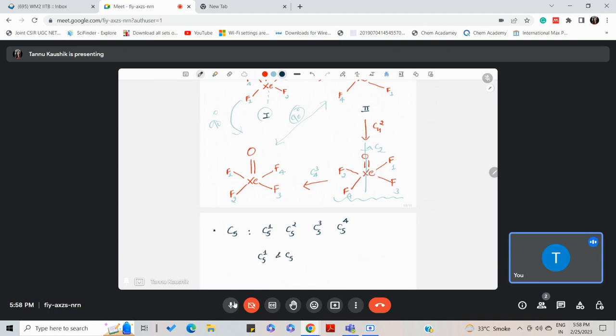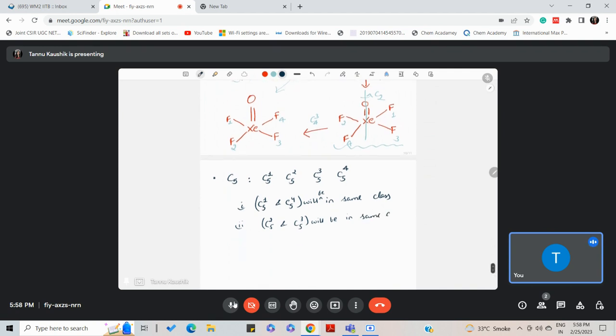So C5^1 and C5^4 will be in the same class, and C5^2 and C5^3 will be in the same class. There will be two classes for this C5 axis of rotation.